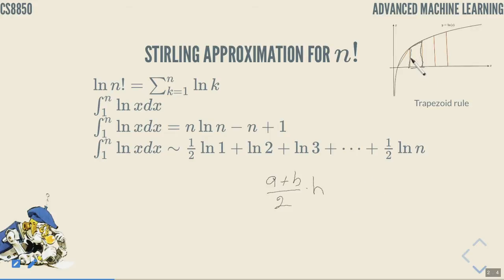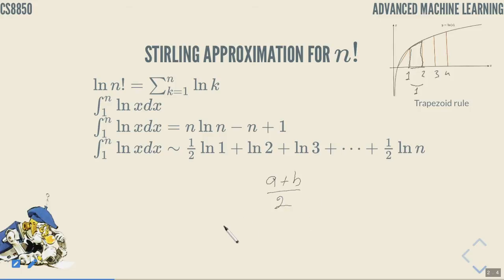So this length is a, this length is b, and if this is 1, 2, 3, 4, and so on, the height h of our trapezoid is always 1.